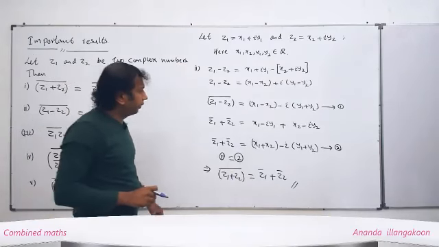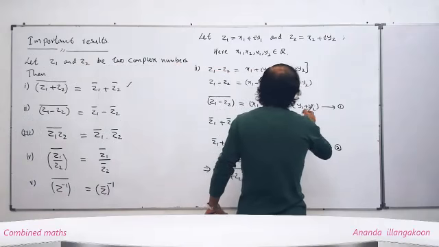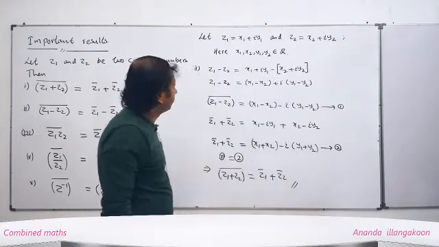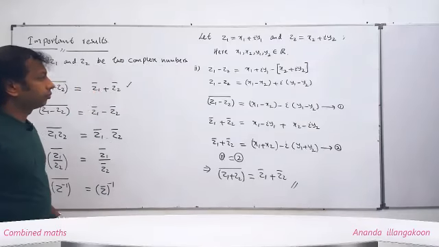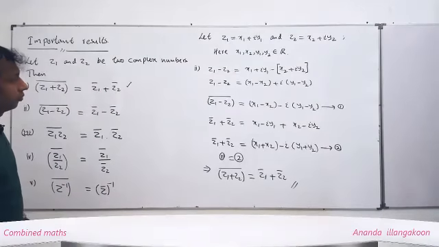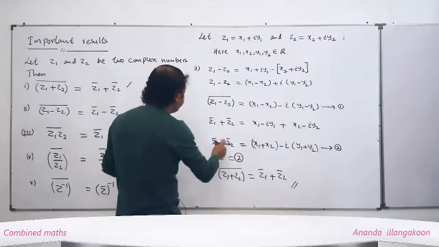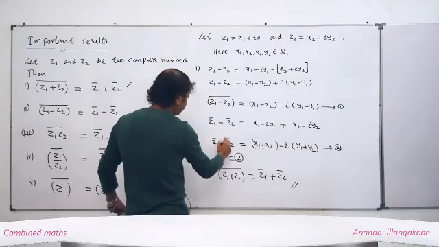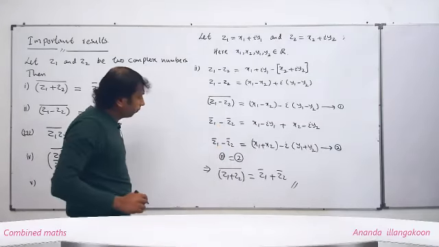Right. Here we get minus, no? They will take this difference here, Z1 bar minus Z2 bar.